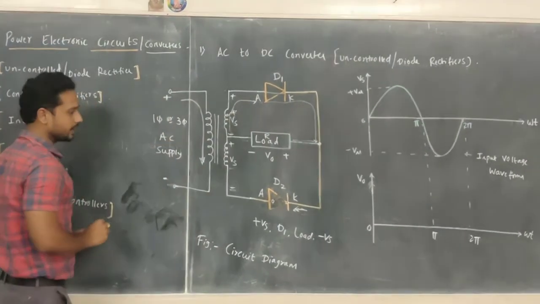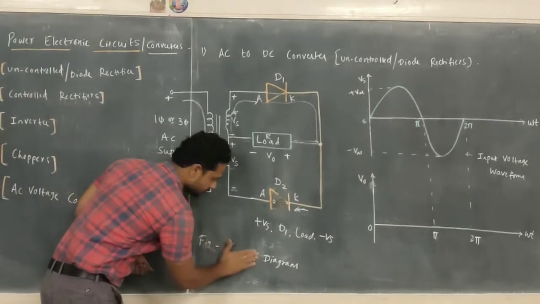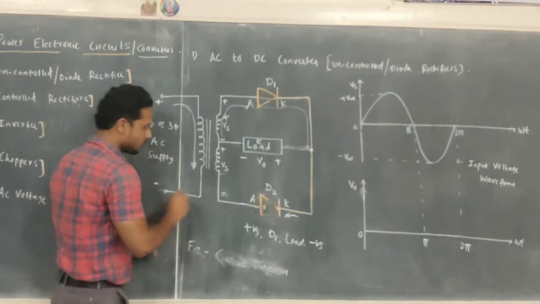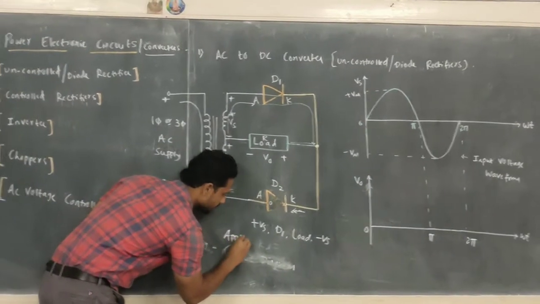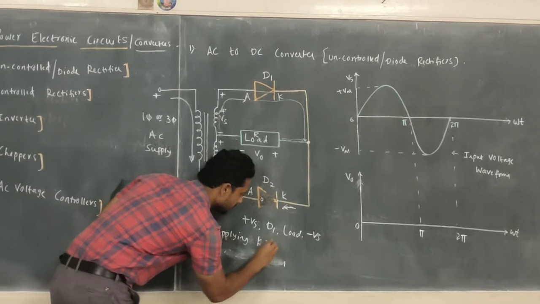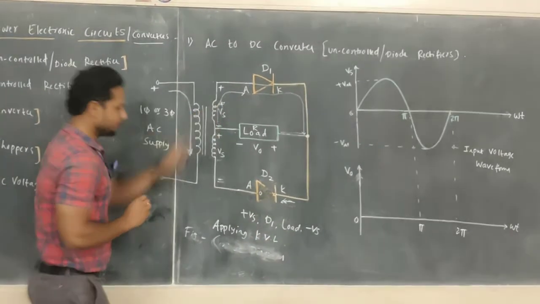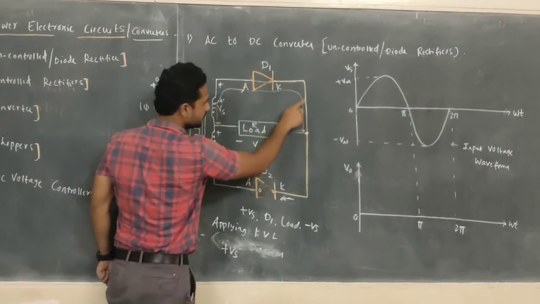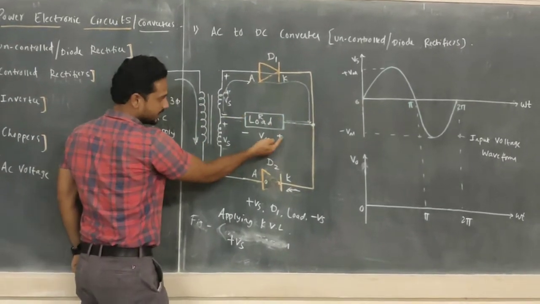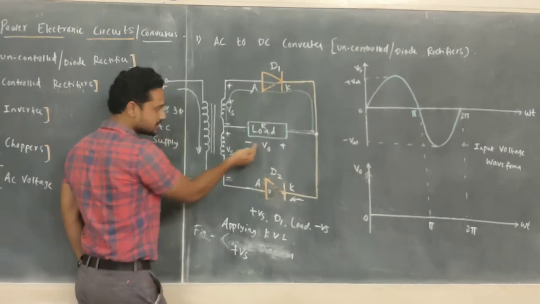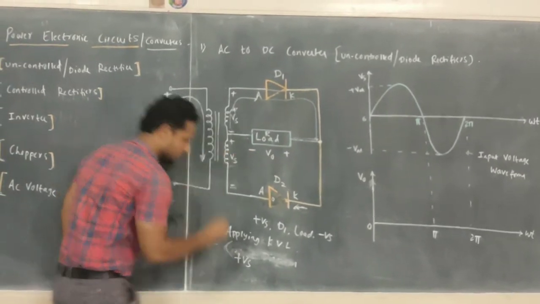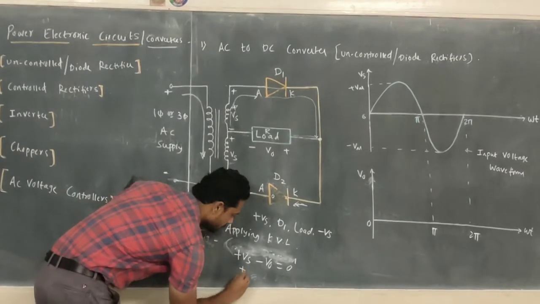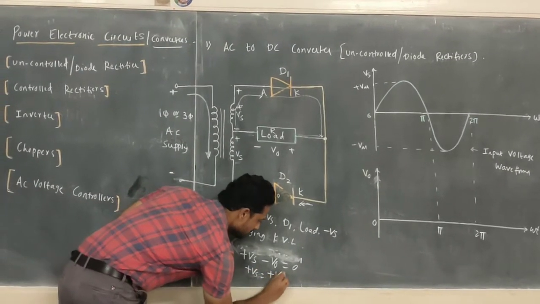Here you can write a sentence like: during positive half cycle of input voltage, applying KVL, this will be plus Vs. Now current flows through diode D1, it flows through load, so it is entering in this particular direction, plus, minus, so it will be minus V0. Plus Vs minus V0 is equal to 0, so here you will get plus Vs is equal to plus V0.